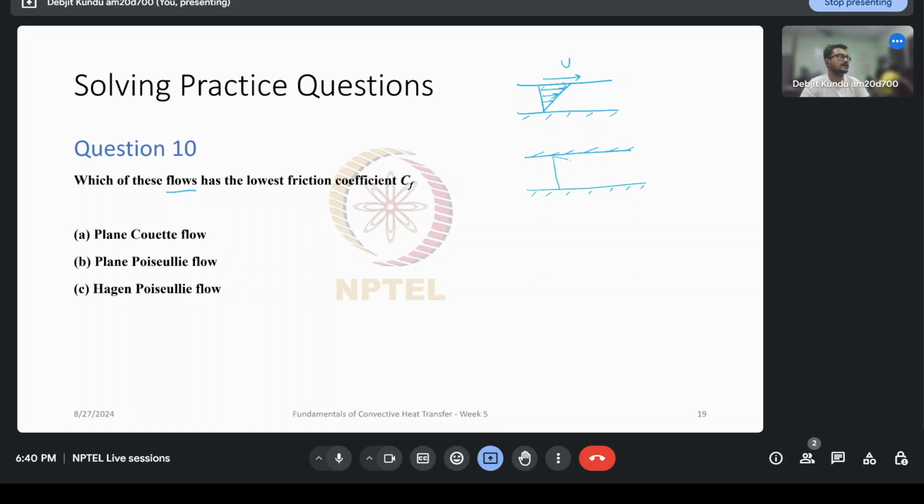As a result, I get a parabolic velocity profile like this. And in case of a Hagen-Poiseuille flow, I have a circular pipe. Once again, there is some pressure gradient which creates a parabolic profile like this.